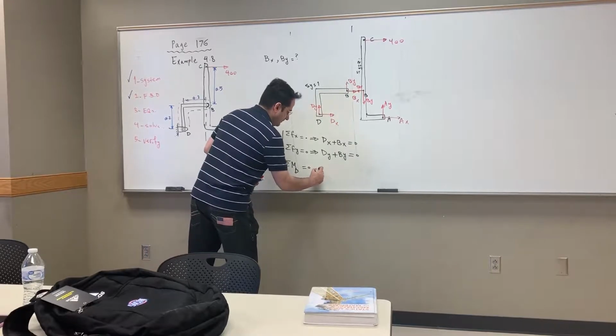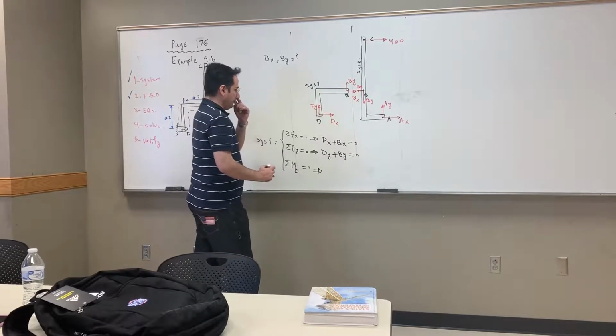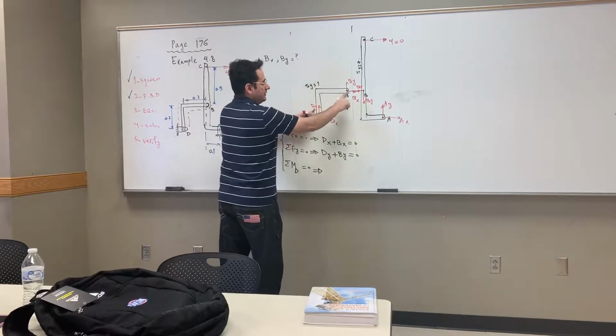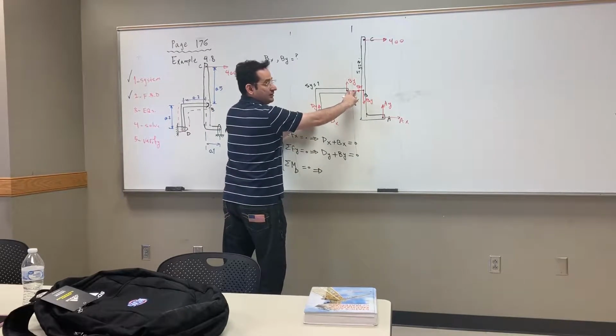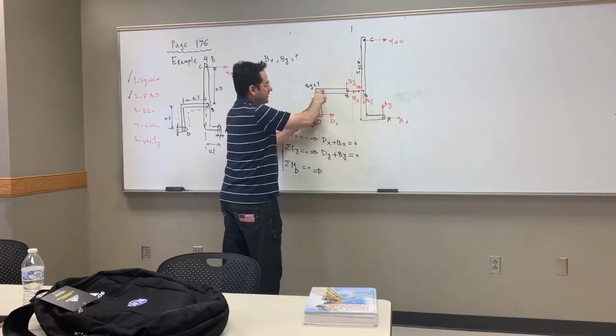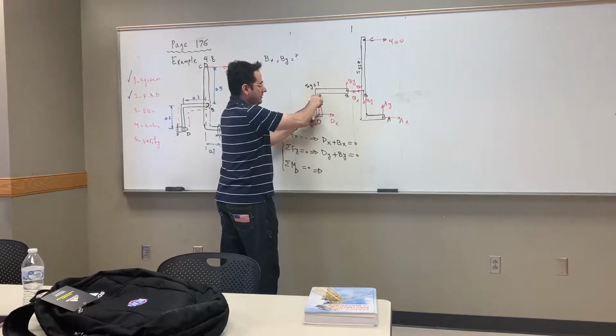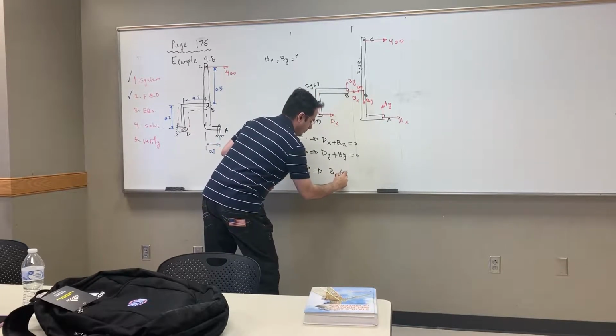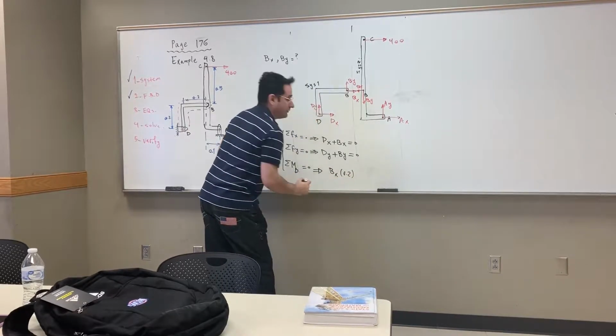What do I get? I get 0 from here, 0 from here. What about Bx? Move it. Where should I move it? Back here. So it's going to be Bx times 0.2, positive or negative?